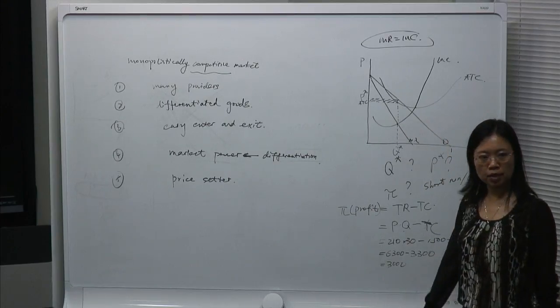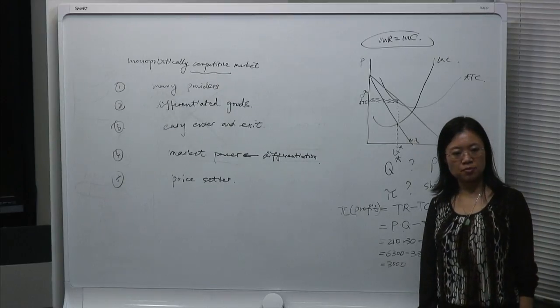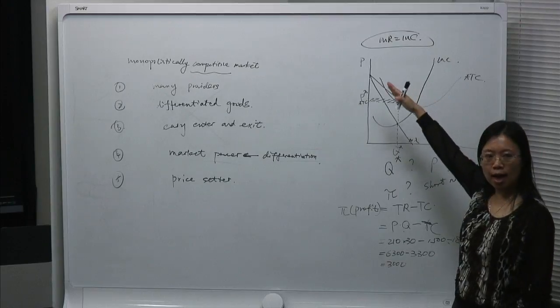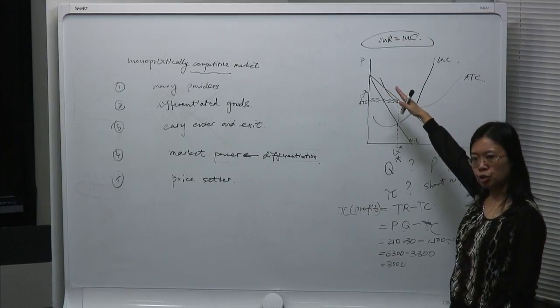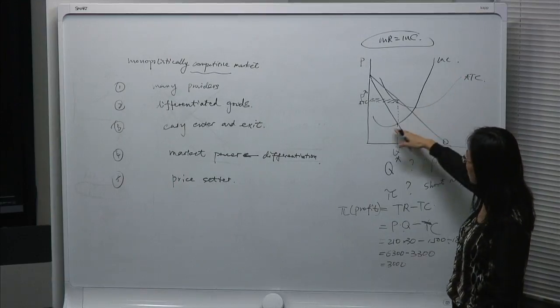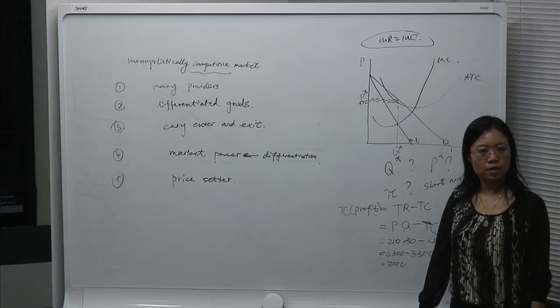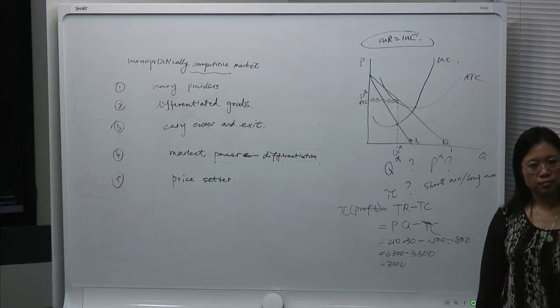Okay, so this represents the market. How about the firm? The monopolistic competitive firm also has a similar shape as the firm in the other market. So their average total cost curve and marginal cost curve look exactly the same, with the same kind of shape. So if we draw it, it looks exactly the same.